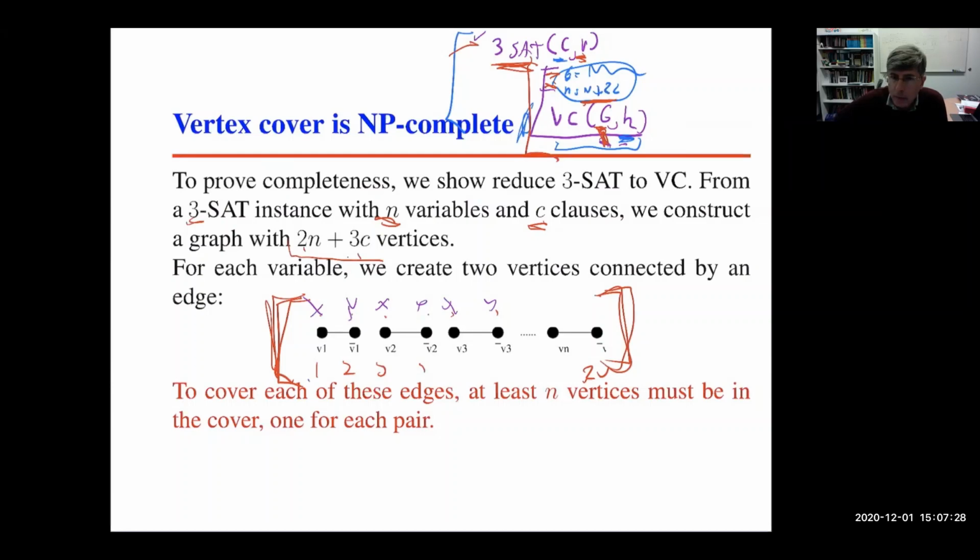Otherwise, it wasn't. The translation we did basically went by constructing a gadget for each Boolean variable of the SAT problem. By putting edges here, we meant that you would have to make a decision, either pick V1 or not V1, and the same is true for every one of the variables.